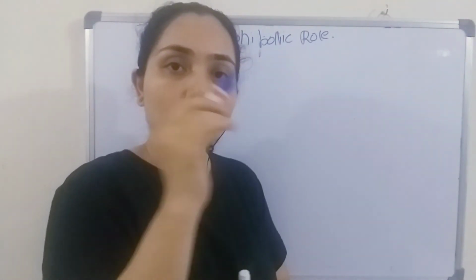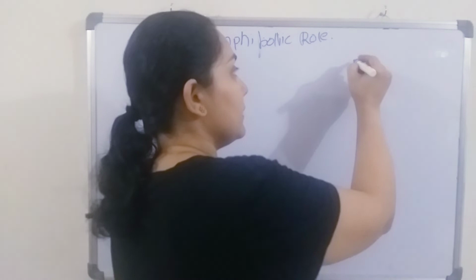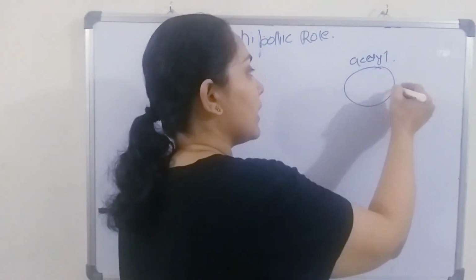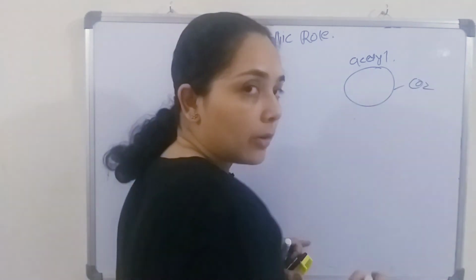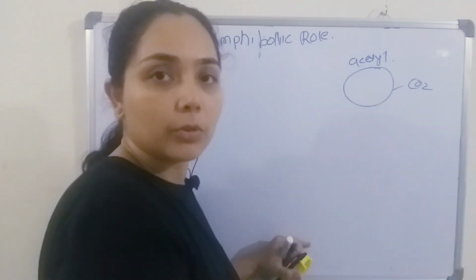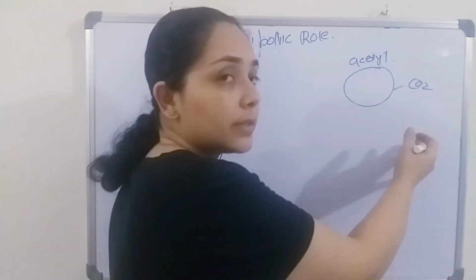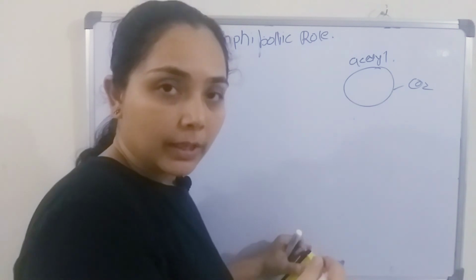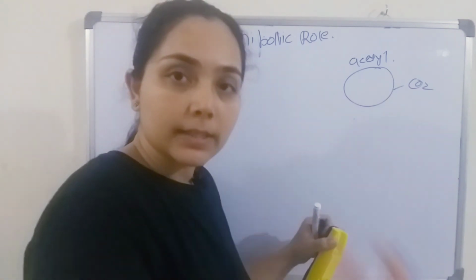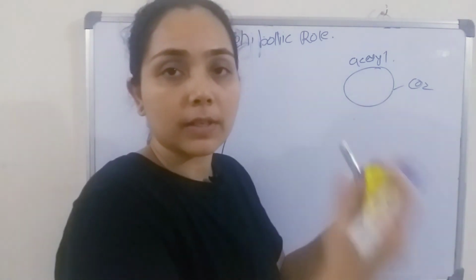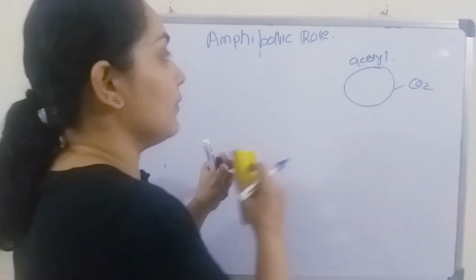So the Krebs cycle is both catabolic as well as anabolic, because this acetyl-CoA will enter the Krebs cycle and yield carbon dioxide and NADH. That will be used as an energy generator. So this is known as a catabolic step. Okay. And some of the intermediates will be involved in the synthesis of some products. So that is anabolism. So the Krebs cycle is both catabolic as well as anabolic. Therefore, it is known as an amphibolic role.